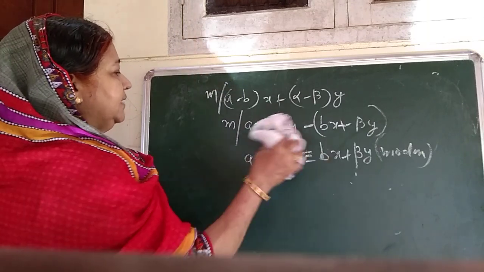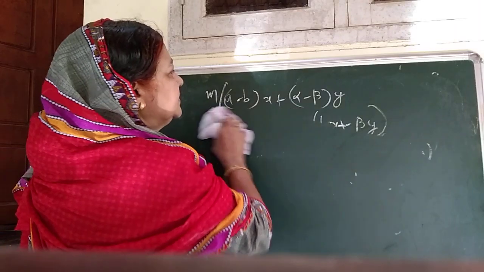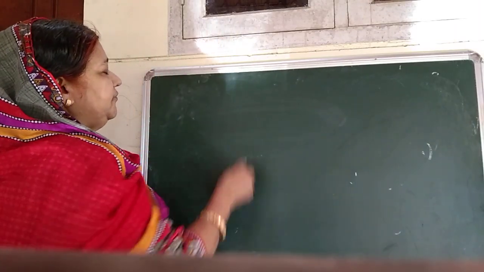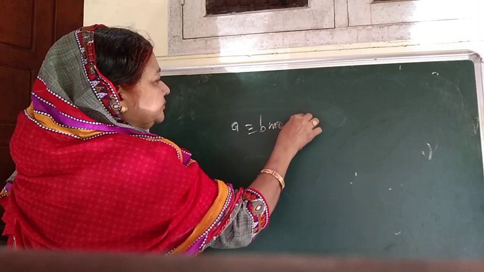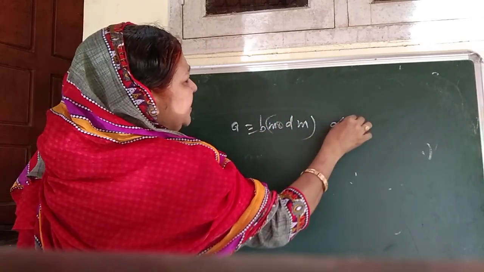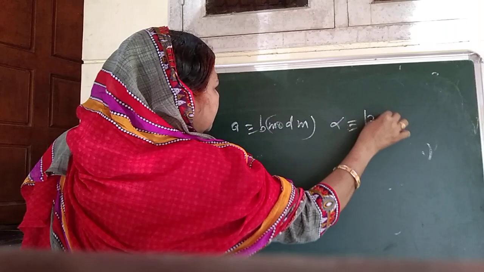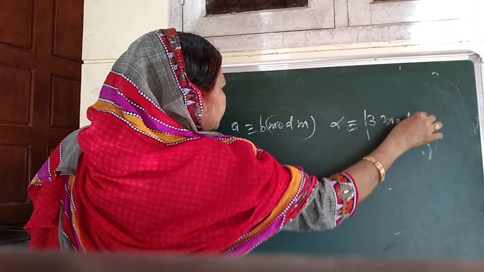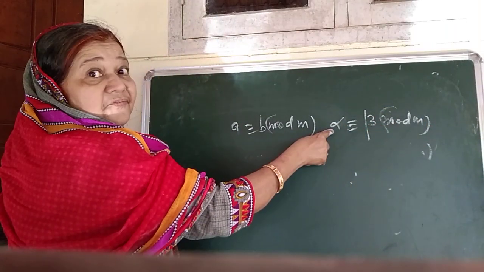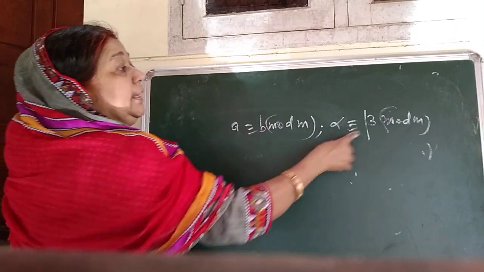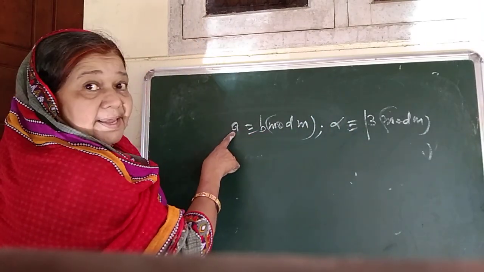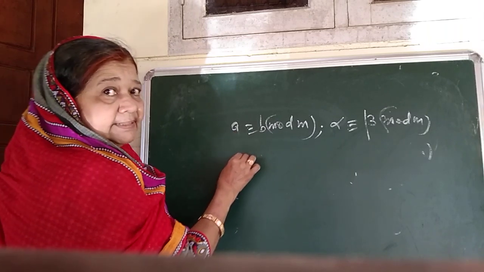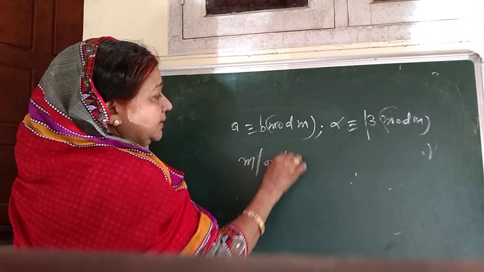Again we can see that if a is congruent to b mod m and alpha is congruent to beta mod m, then a alpha is congruent to b beta mod m. We know a is congruent to b mod m means m divides a minus b.